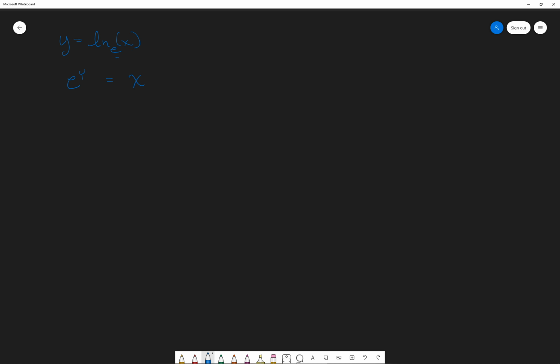Another way of looking at that is to say, if y is equal to ln x, then what is e to the y? We don't know what it is, so we sub in. Now y equals ln x, so this is ln base e of x, correct?